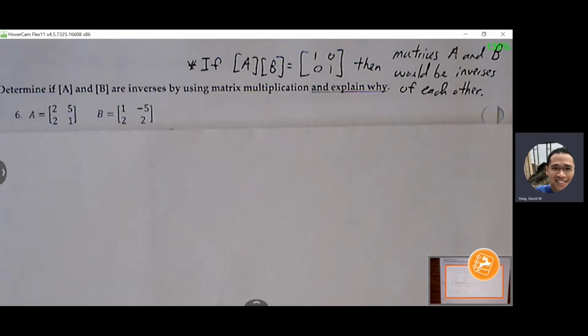Okay, so the way to tell is just multiply the two matrices together and see what 2x2 matrix you get. Okay, so try that. You know you're going to end up with a 2x2 matrix because the inner dimensions are the same, and then the outer dimension is 2x2.